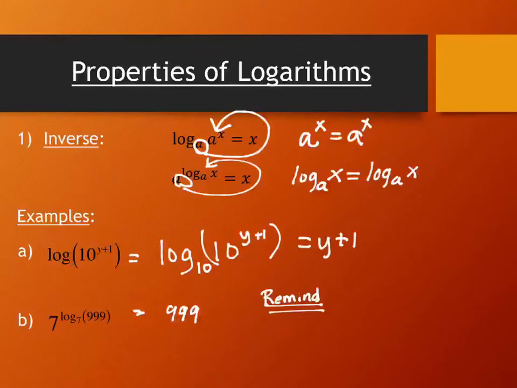When we had a to the m and a to the n, what did we do with those 2 exponents? It's been a while since we've done this. We added them. A to the m plus n. When we had a to the m over a to the n, we subtracted. Y'all remember this?